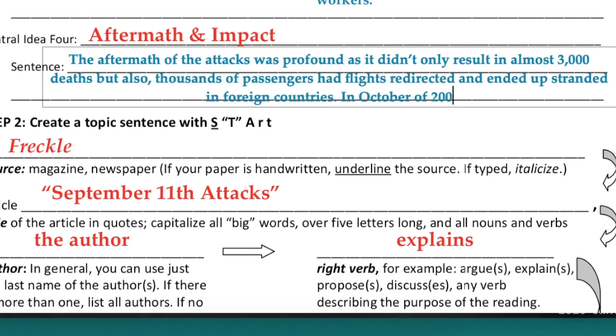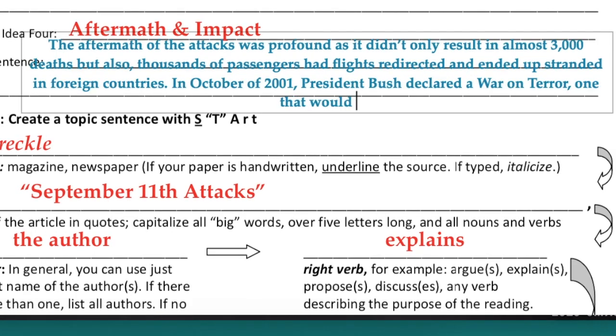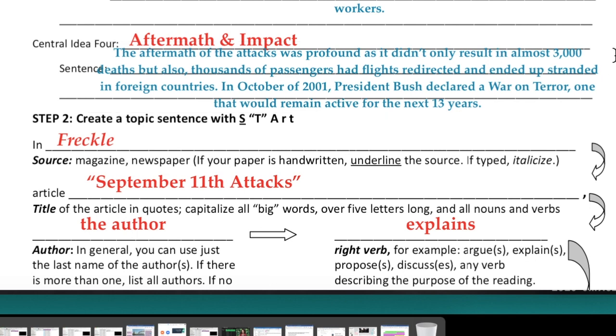In October of 2001, president that would remain active for the next 13 years. Notice that 13, it's not spelled out because it's in the middle of the sentence. So again, the aftermath of the attacks was profound, or great, or big, or impactful. That's what profound means.